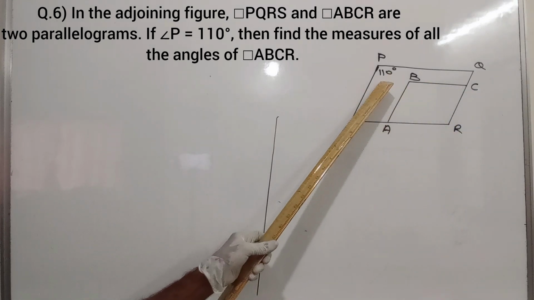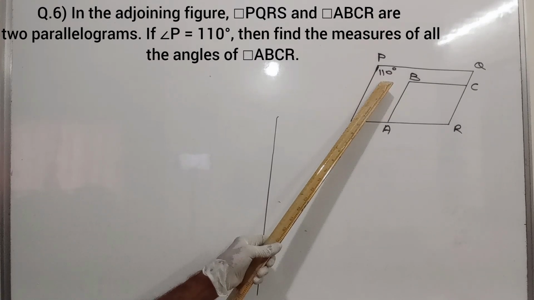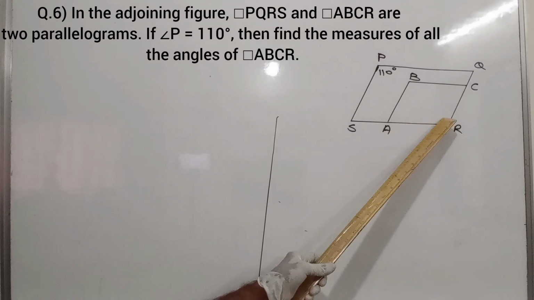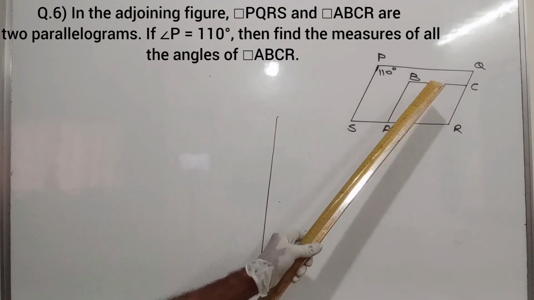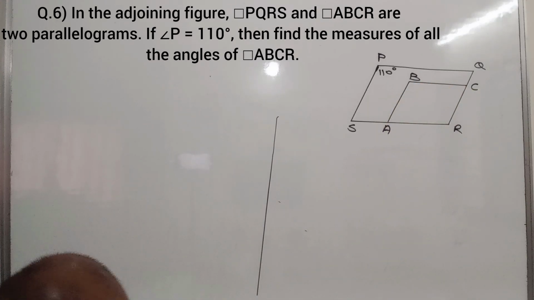We have been given the measure of angle P. With the help of this measure, we will find the measure of angle R, angle A, angle B, and angle C. Did you get it?